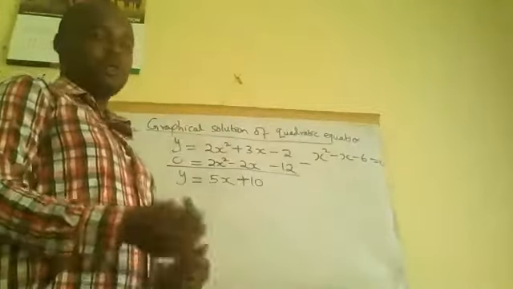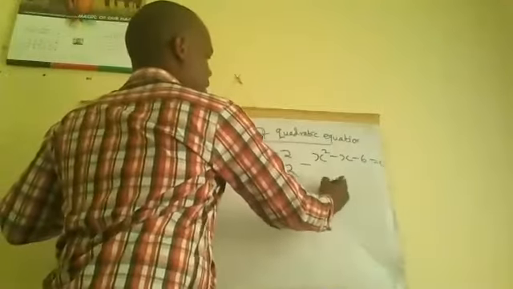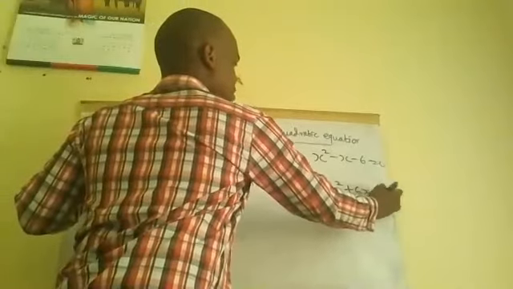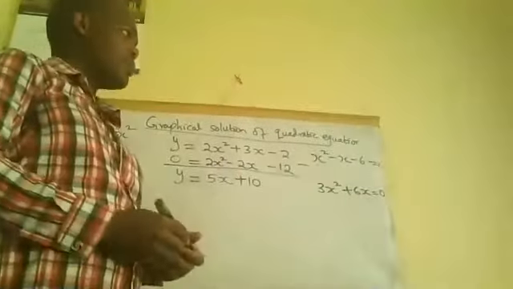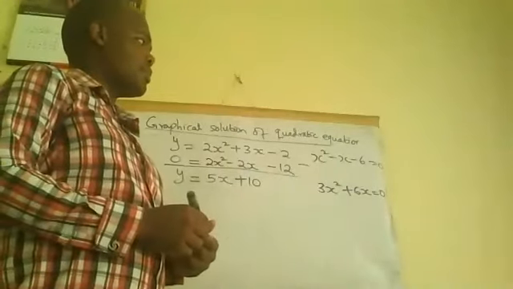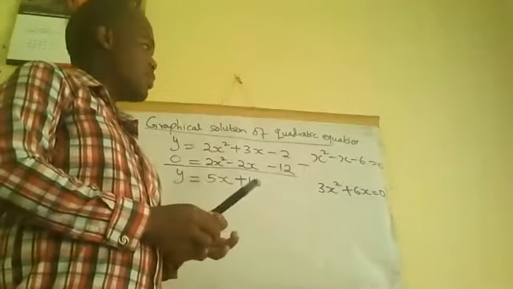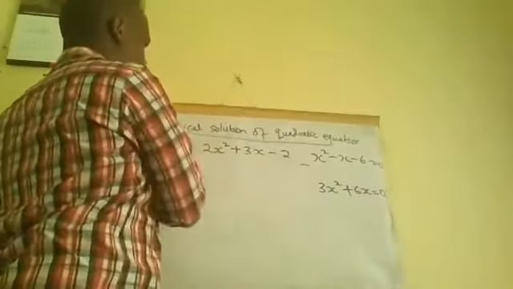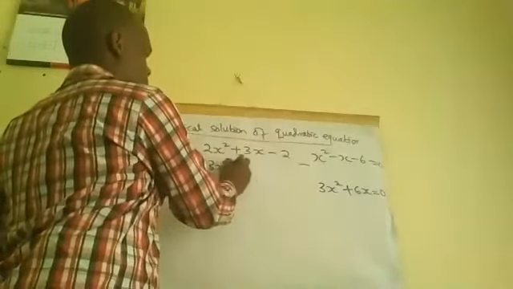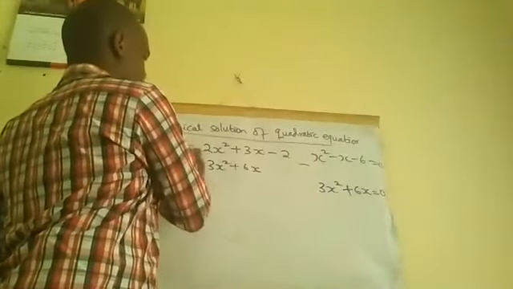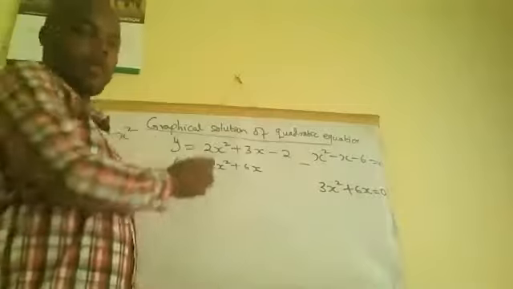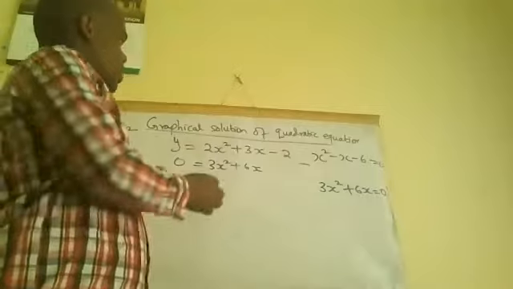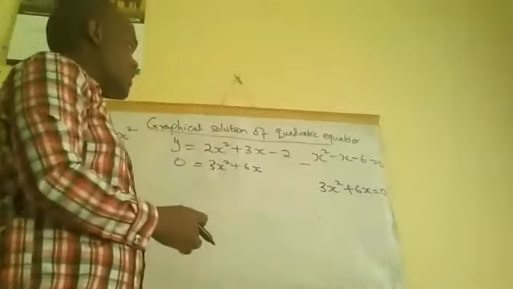Suppose also we are given something like 3x squared plus 6x is equal to 0. So what do we do in that case? I look at the 3x squared and the 2x squared. So the LCM of 2 and 3 is 6.